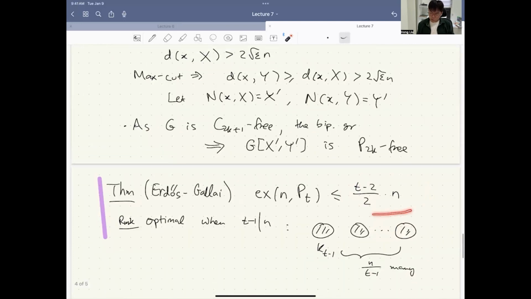So using this bound, what do we know? We know between X prime and Y prime, the number of edges is only linear in n. Think of K as a constant, right?